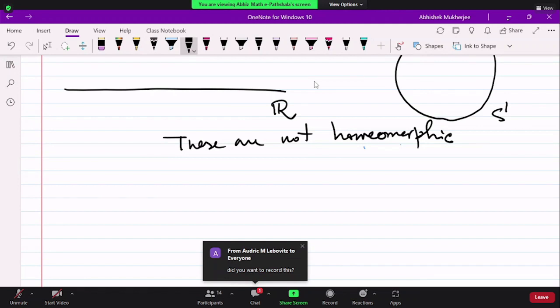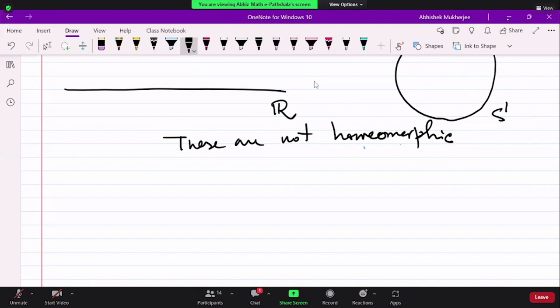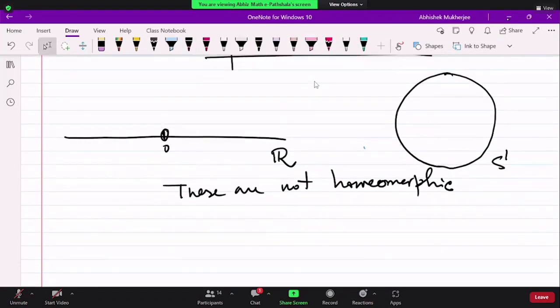Because if you remove one point from each space, suppose let us call it 0, and you delete this point here and a point here, then S1 is still connected, but the real line will not be connected.